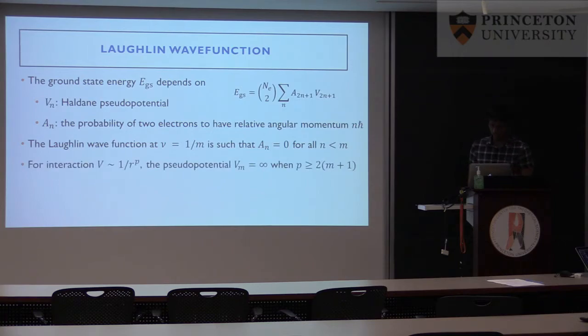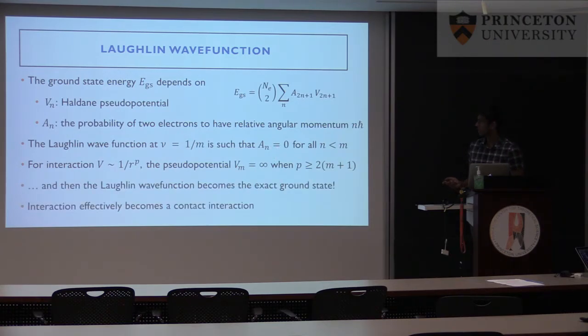The key is that for non-Coulombic interactions, of the form 1 over R to the P, the pseudopotential goes to infinity when P is greater than 2 times n plus 1. So what this means is that, combined with the fact that these terms go to infinity and these terms go to 0, the only way that the ground state energy can be some reasonable non-infinite number is for the Laughlin wave function to become the exact ground state above a certain interaction power law.